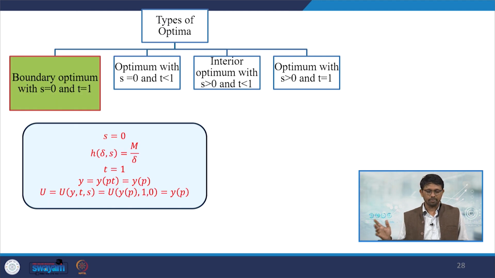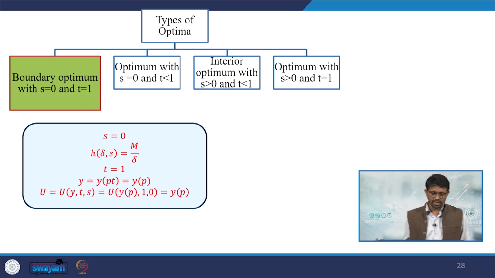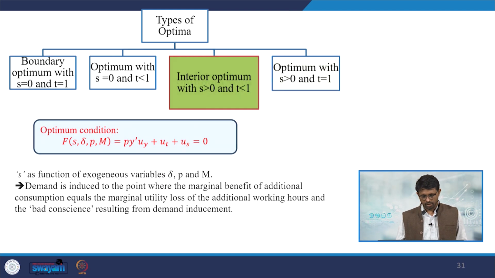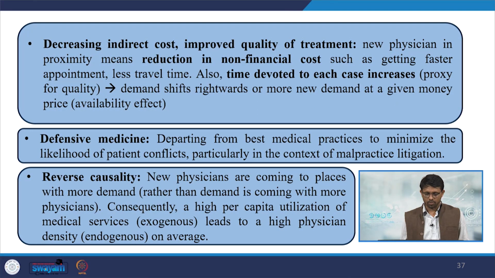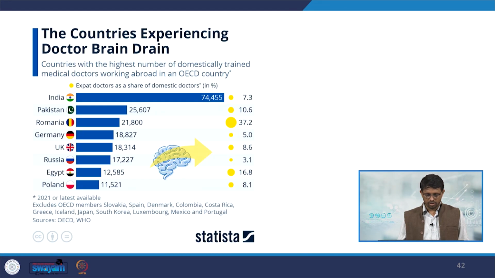So, we will again clarify types of optima with Lagrangian optimization and Kuhn-Tucker optimization and what are their interpretations. Certainly an empirical examination of supplier induced demand will also be given and sample questions would also be discussed with you in our next lecture.